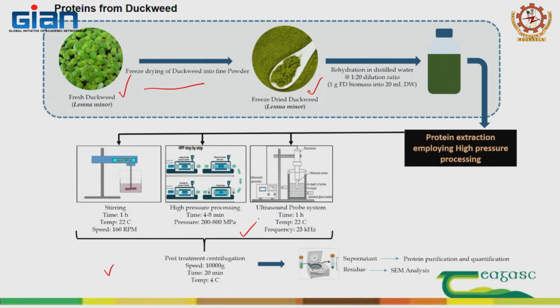Then you have different types of technology: normal stirring, which is what you do most of the time when you add alkali or water to extract it, or ultrasonic systems, or high pressure. I am just giving a brief example of how protein is extracted from duckweed first, then starch or fiber. This is the normal protocol you would have followed in your experiments.